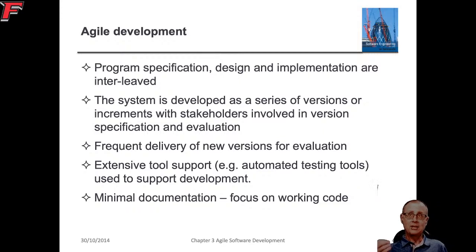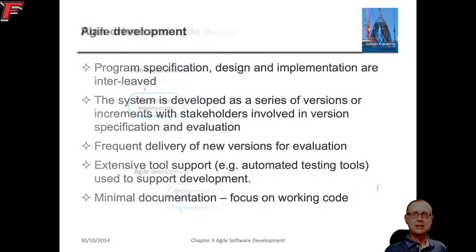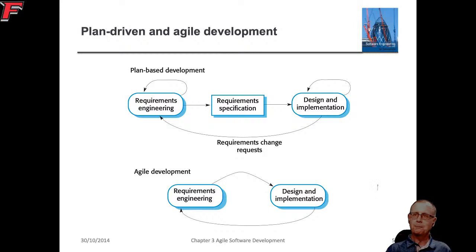What that means is we specify, design and implement in an interleaved way, and we develop the system in a series of versions or increments or sprints with the stakeholders, the customer, heavily involved at each stage. So we frequently deliver new versions for evaluation, and we need to have extensive tool support, and the focus is more on working code rather than necessarily extensive documentation.